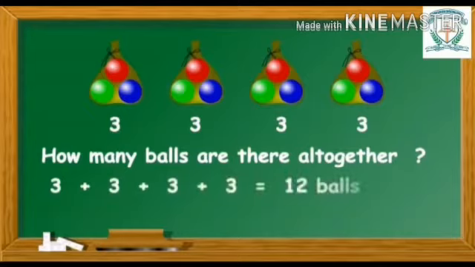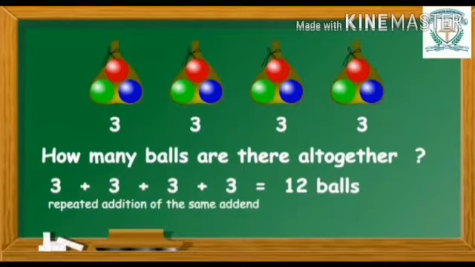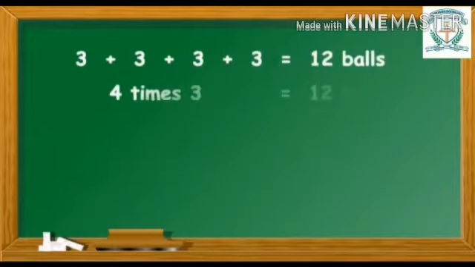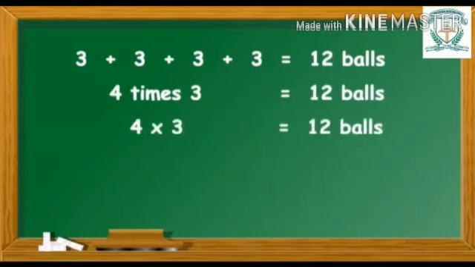What did you do here? You added 3 4 times. This is called repeated addition of the same addend, and here the addend is 3. Instead of adding 3 4 times, we can write 4 times 3 is equal to 12 balls, which is also written as 4 into 3 is equal to 12 balls.